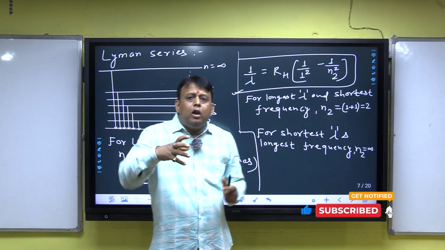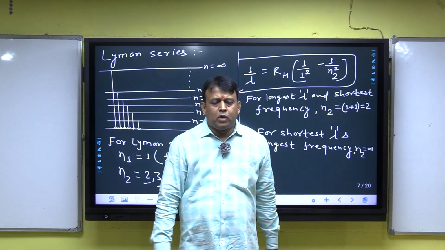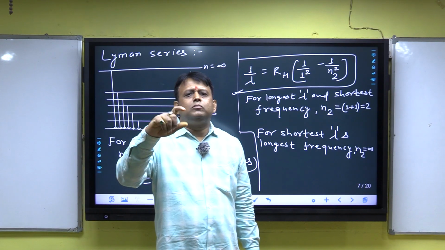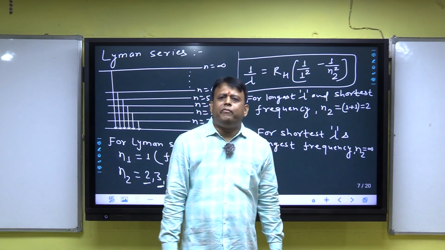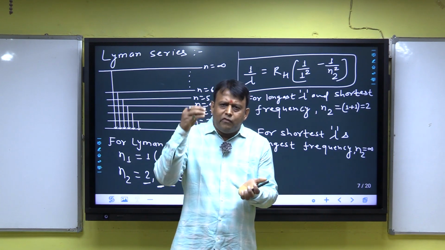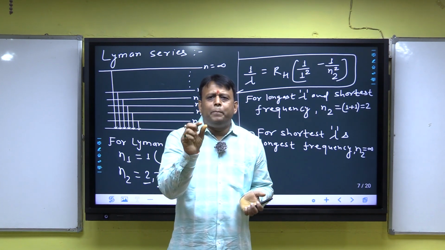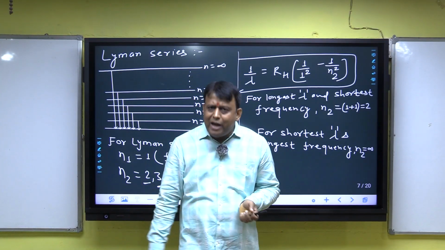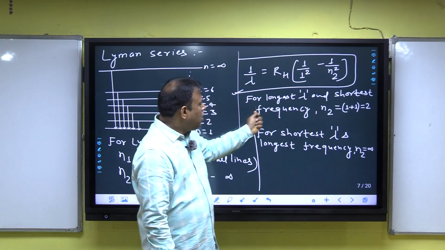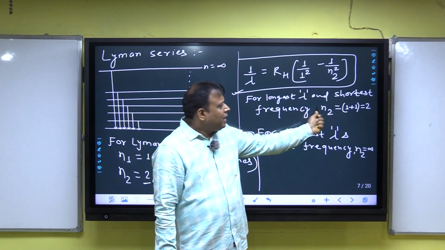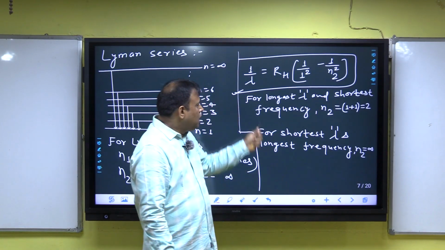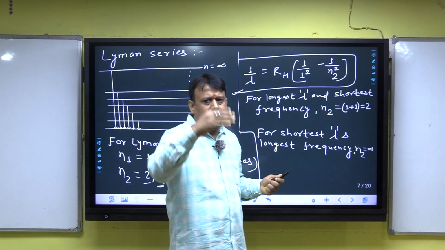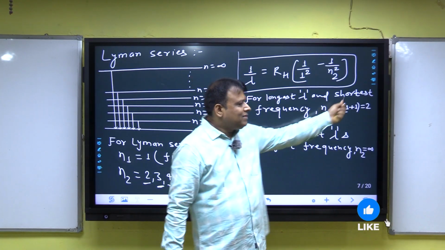Now, for the longest wavelength, that means the smallest change in energy from the first orbit, the value of delta E will be minimum when it is taken from the second orbit. That means for the longest lambda and shortest frequency, the value of N2 is just the next orbit, 1 plus 1, that means second.